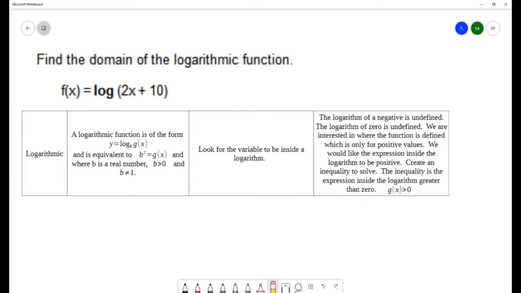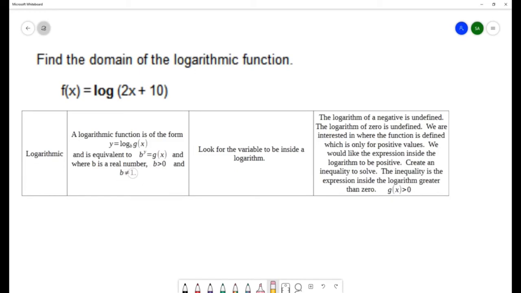Now, some other information that is important is that we have some restrictions on the base. The base is only allowed to be a number that is greater than 0, and the base is not equal to 1.